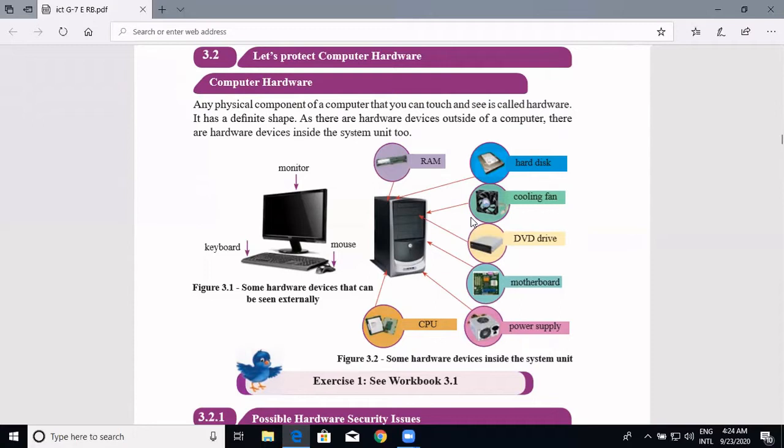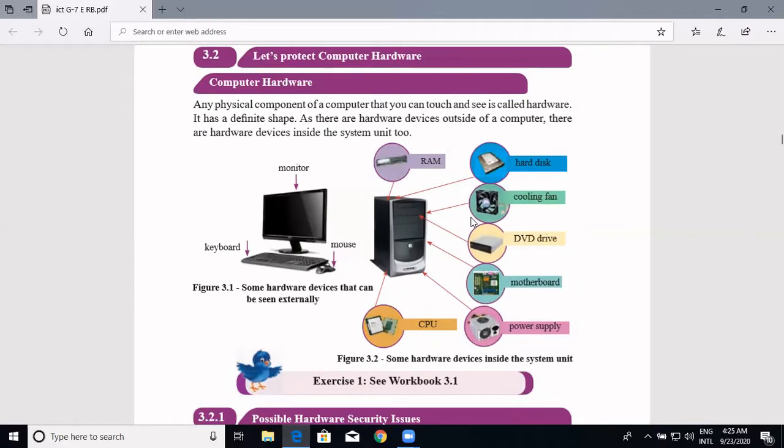Inside the system unit you have the hard disk, RAM, cooling fan, DVD drive, motherboard, power supply, CPU, the processor. All these components are hardware. Mic and speakers are additional things.